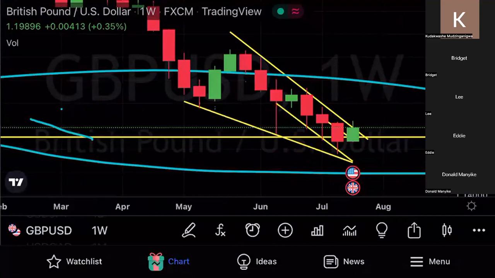They will not form exactly as the previous pattern, or the textbook ascending channel. It doesn't work like that. So what is important is the way we approach the area of value.